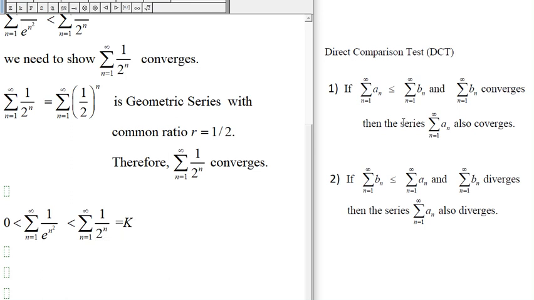And that's the logic behind the direct comparison test: we're trying to show that this series right here is bounded above by some real finite number, and therefore it must converge. And so once again, to use the direct comparison test, we have to come up with a series b sub n. And if we want to show that the series a sub n converges, then we have to show that the series a sub n is less than the series b sub n, and that b sub n converges.